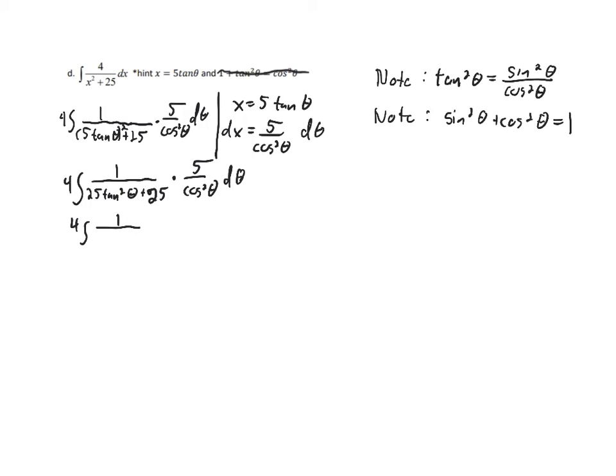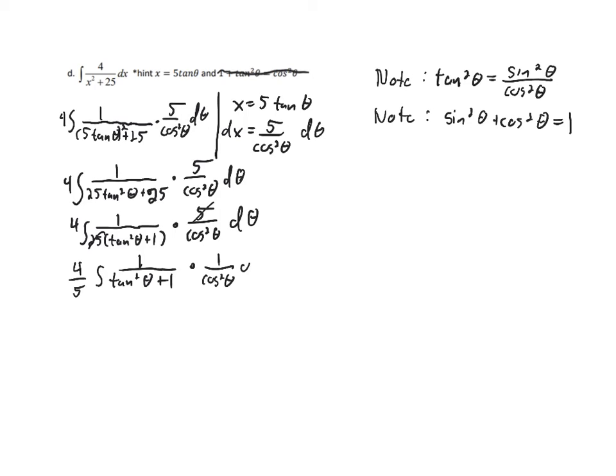So 1 over 25 times tan squared theta plus 1, times 5 over cosine squared theta d theta. Now 5 and 25 simplify really to 1 over 5. So I can take out a 1/5, which would give me 4 over 5 times 1 over tan squared theta plus 1, times 1 over cosine squared theta d theta.